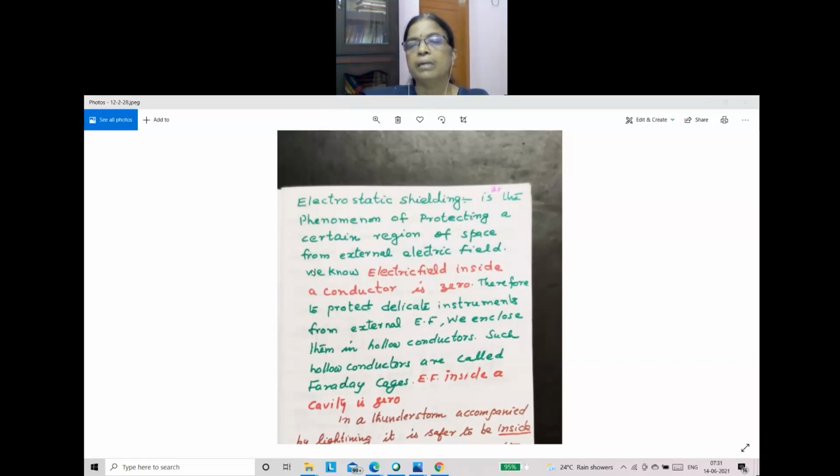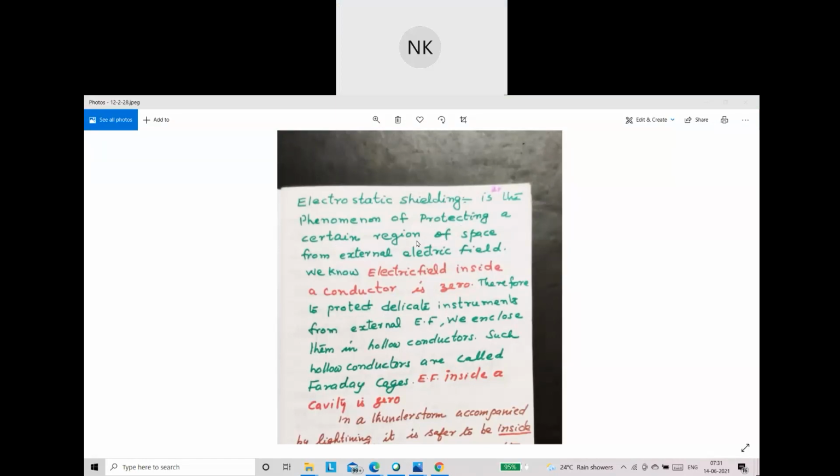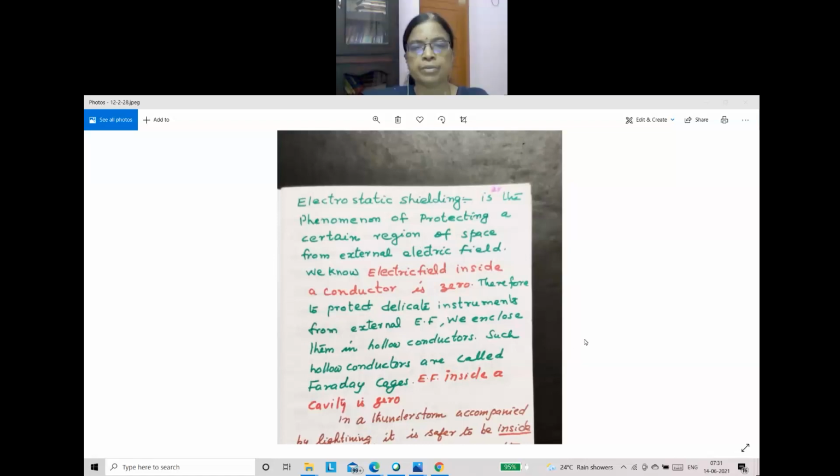Electrostatic shielding. What is shielding, children? What is meant by shielding? Protecting. Yes, protecting. So electrostatic shielding means we can protect some instruments from electrical effect.